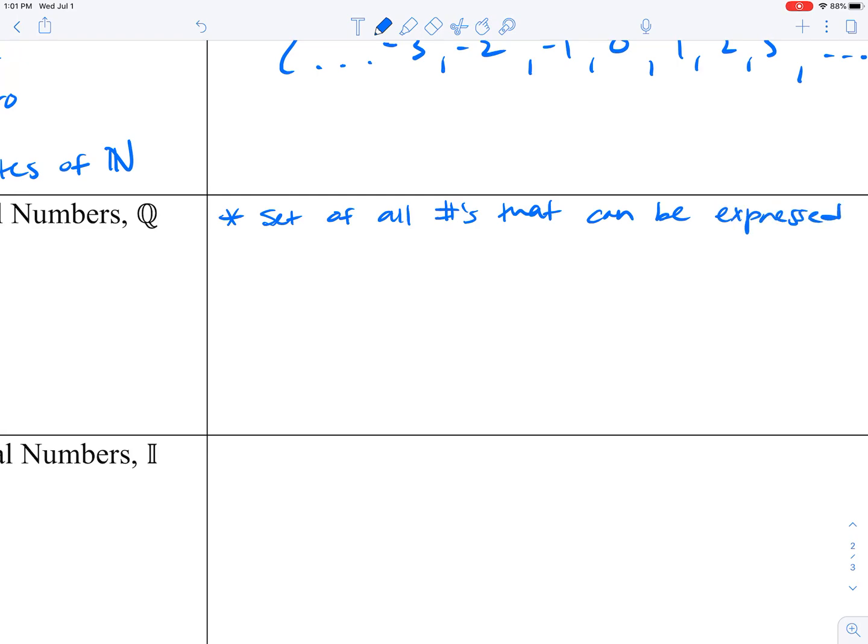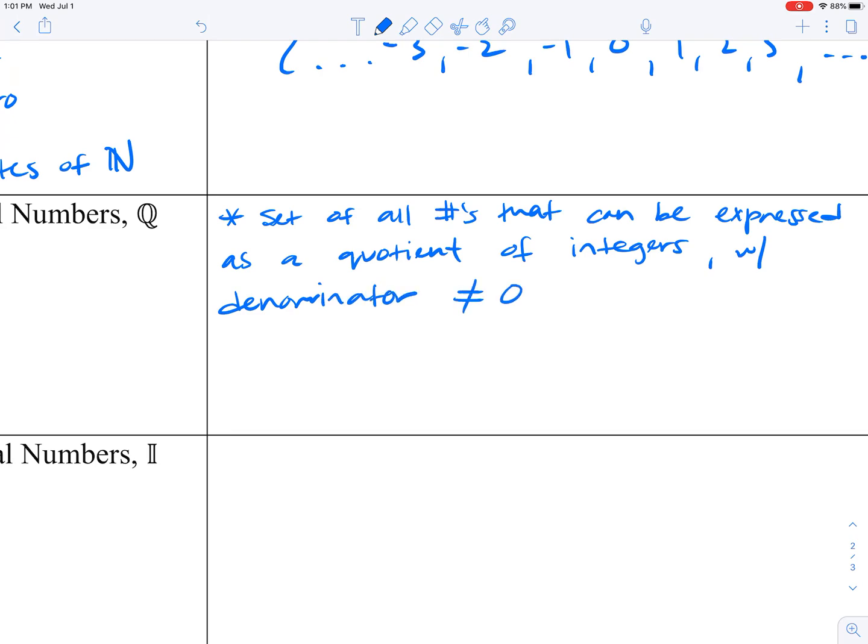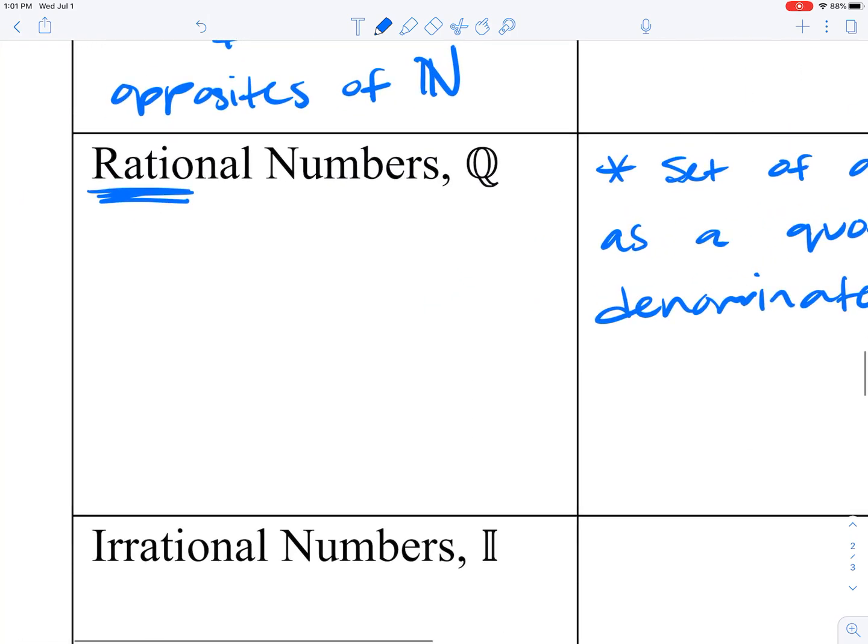The rational numbers are the set of all numbers that can be expressed as a quotient of integers, like a fraction of integers, with the denominator not being equal to 0.